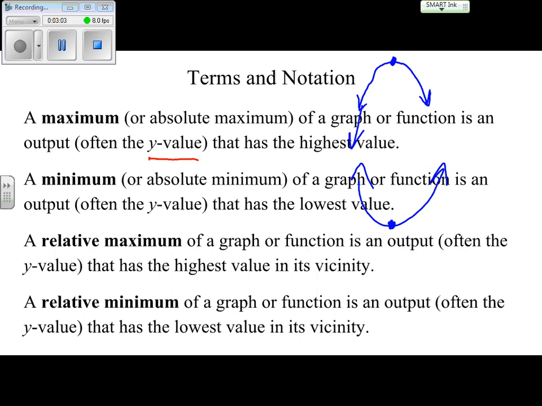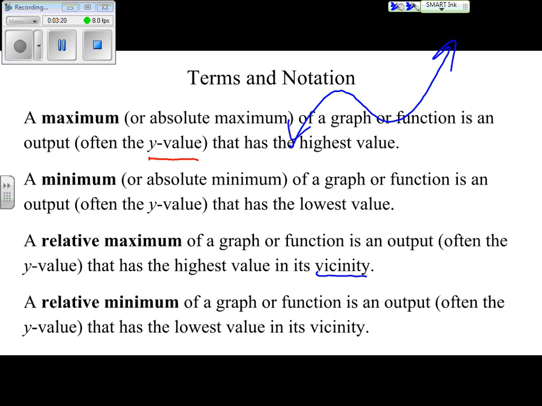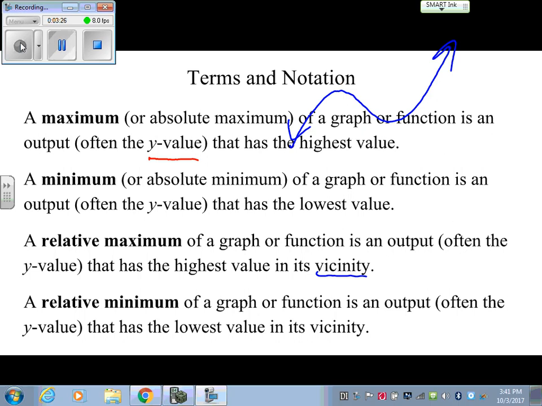Now, a relative maximum and a relative minimum, those are the highest or lowest spots on a graph compared to everything in its vicinity. Vicinity means in the general location or nearby or relative space. So I could draw a graph like this. And I would have a relative maximum occurring right at the top of this peak here.